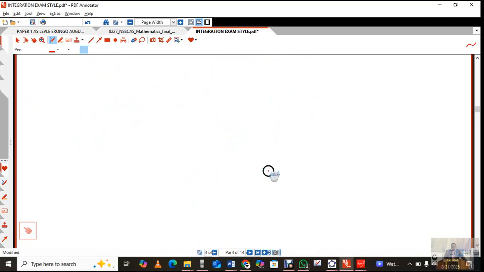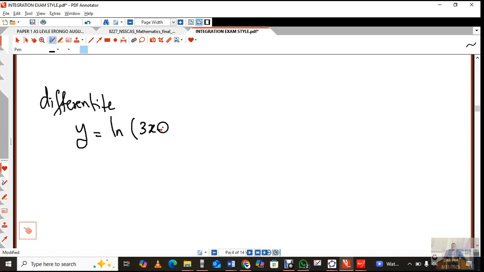Let's take that 3x minus 2, and let's say not integrate, but you're supposed to differentiate y equals the natural log of 3x minus 2. How are you going to go about this? Now, this is a composite function. It's not just natural log of x, not one variable. There's 3x minus 2. There's stuff in there.